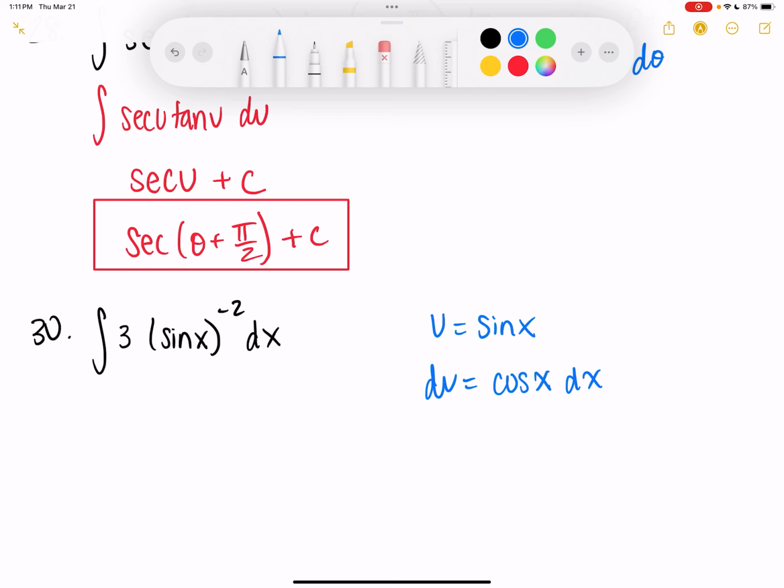Now, do I have a cosine in this? I don't. So I'm going to divide by 1 over the cosine of x.